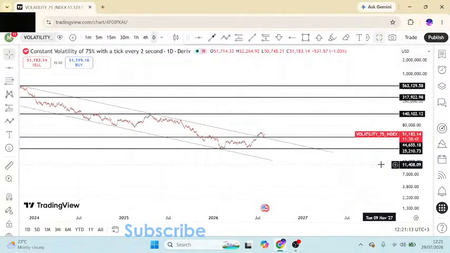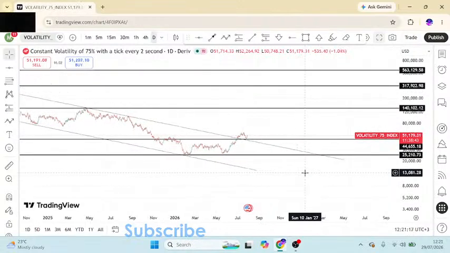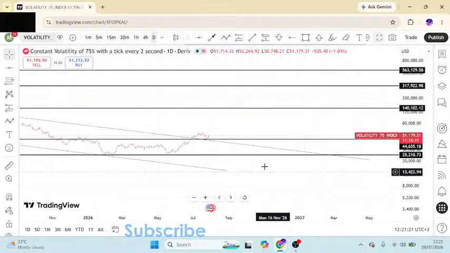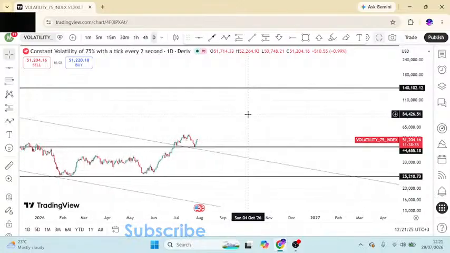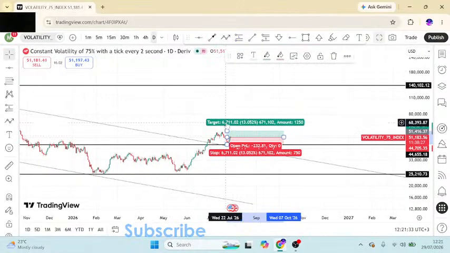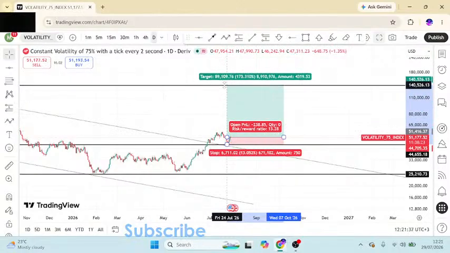Now, if you are a day trader, then you can enter from here for these buys. We are seeing clearly what happened: a retest of my zone. So if you are a day trader, you can enter this trade from here. Look at those pips.